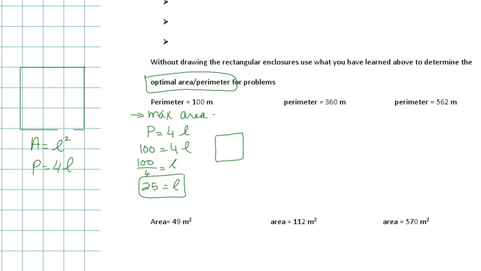What would the maximum area be? What's the formula for the area of a square? L squared. 25 squared, which is 625.